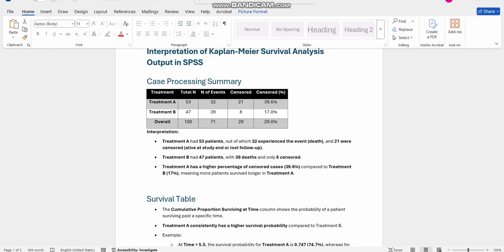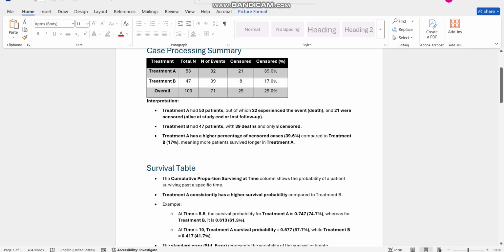And overall, we have 29 out of 100 patients marked as censored, which makes 29%. So this is the first table, the case processing summary.